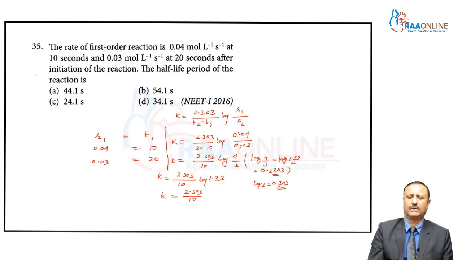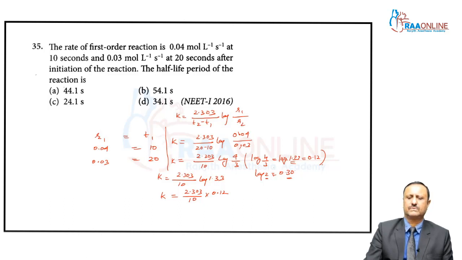Log 1.33, you can put the log 1.33, that is equal to 0.12. My dear students, log 1.33 is equal to 0.12. You can see here it is 0.12, because log 2 is equal to 0.303, and this 1.33 is lesser than 2, so log 1.33 is lesser than log 2.